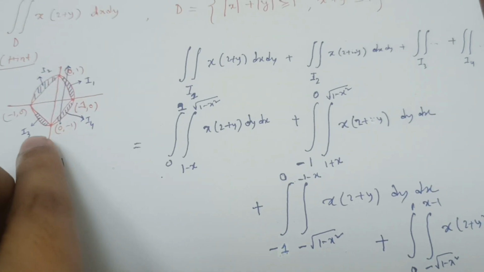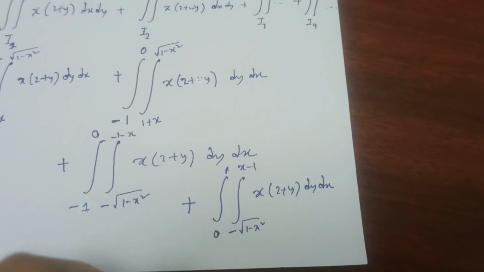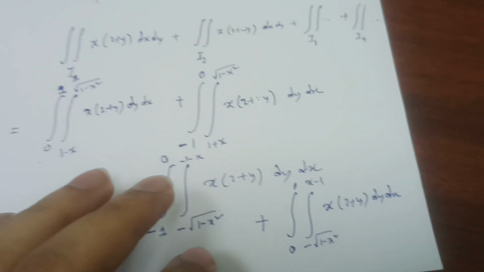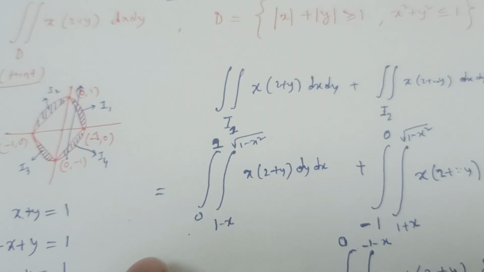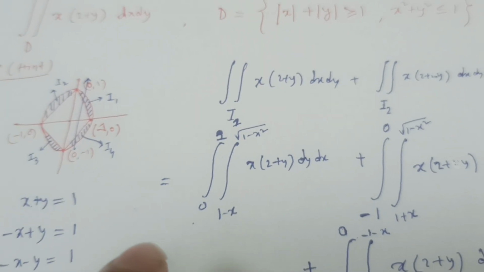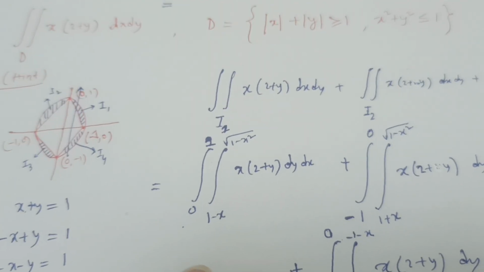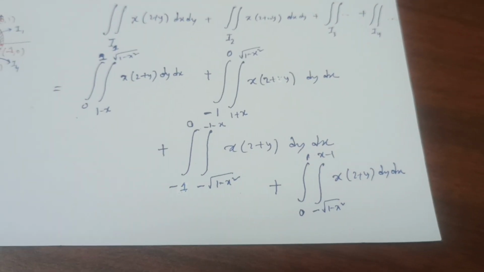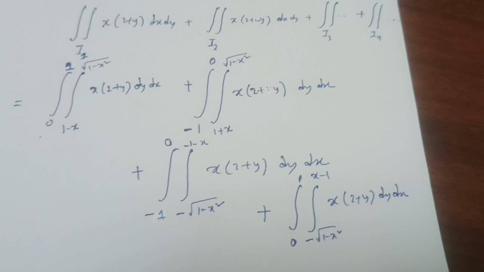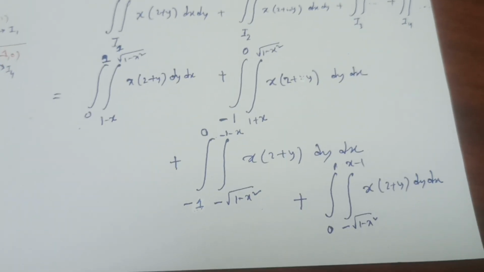Similarly for I4, the y coordinate will start from minus root over 1 minus x square to x minus 1, and x will vary from 0 to 1. Now it is simple calculation. You can use Fubini's theorem to calculate the limit. Thank you.